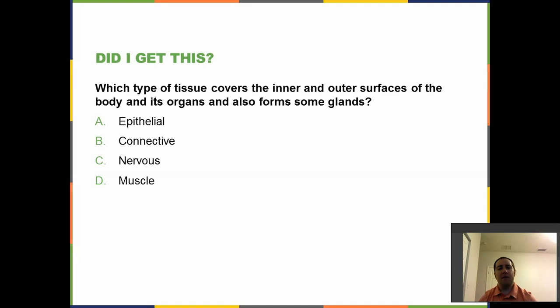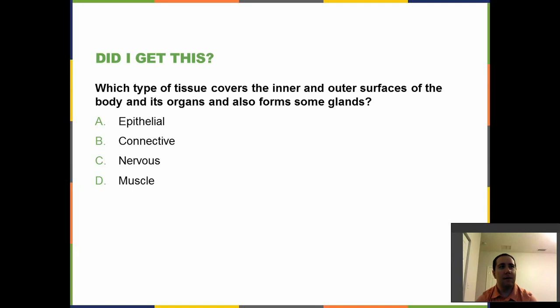There are two types of cells in nervous tissue. Oh, actually, we didn't finish the connective tissue. We had three types of cartilage. What were the three types of cartilage? Hyaline is one. Elastic is two.